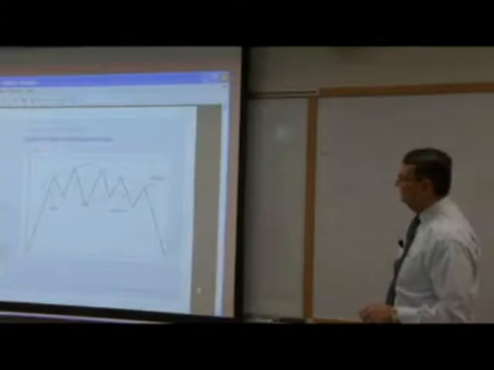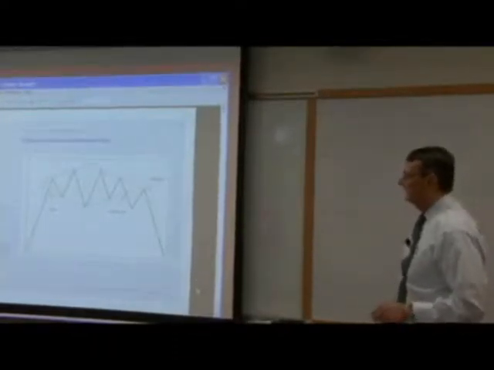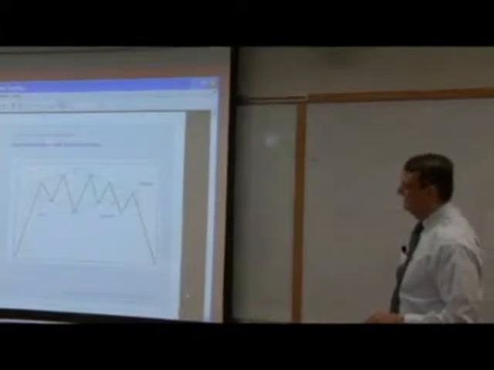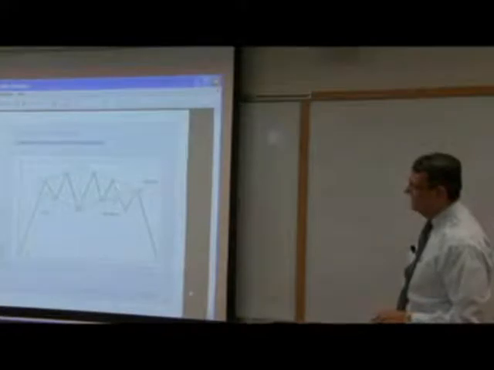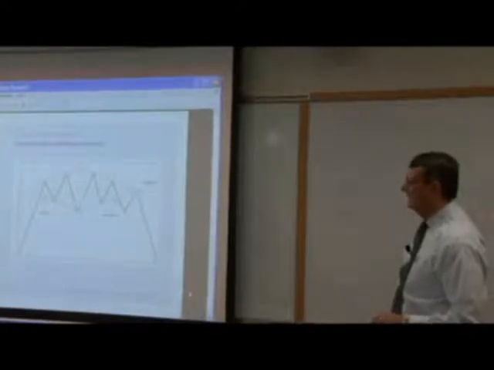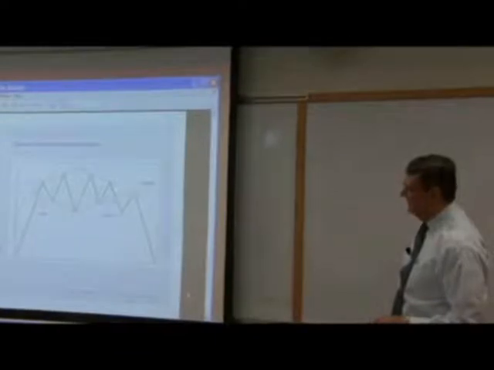So a diamond simply means a broadening pattern followed by a narrowing pattern. In all likelihood, you'll have weak volume here. You might have comparable volume on these rallies, but a tip-off is going to be in the volume in the right half of the diamond.